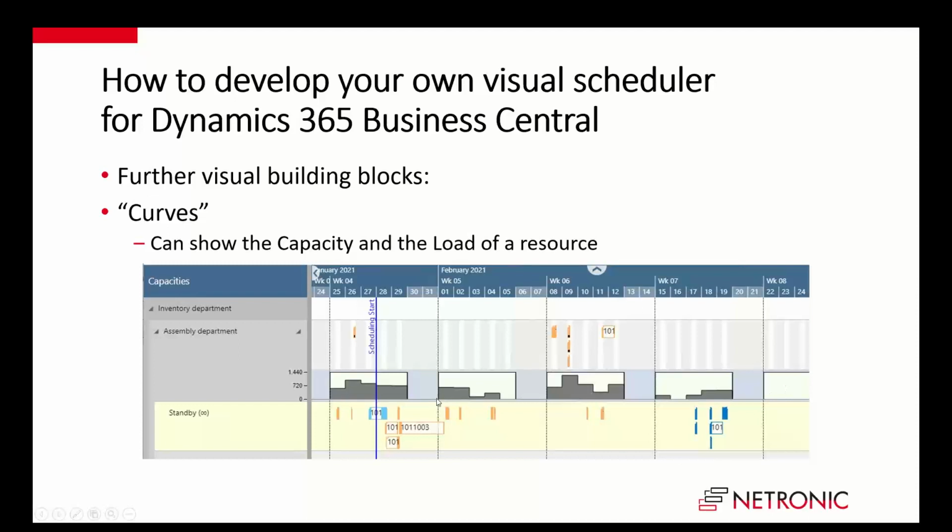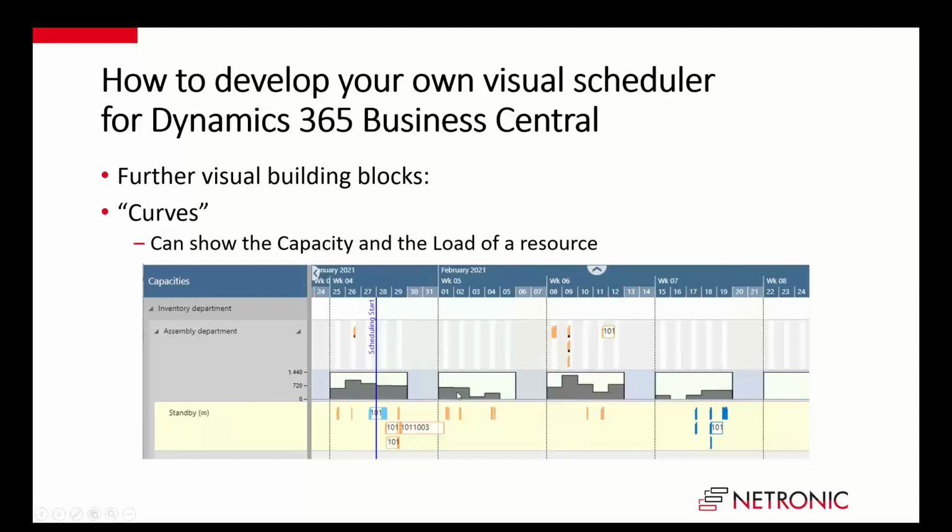And what you see here is that this outer line is the capacity curve. So you can define where this outer line should be, and you can define what the load is. And the load is in this case the gray area.